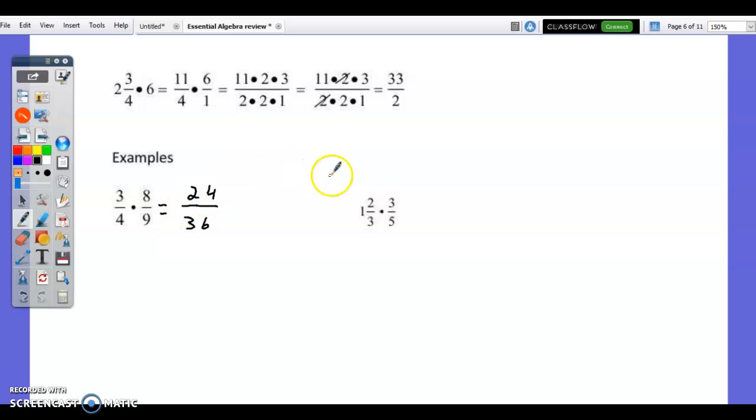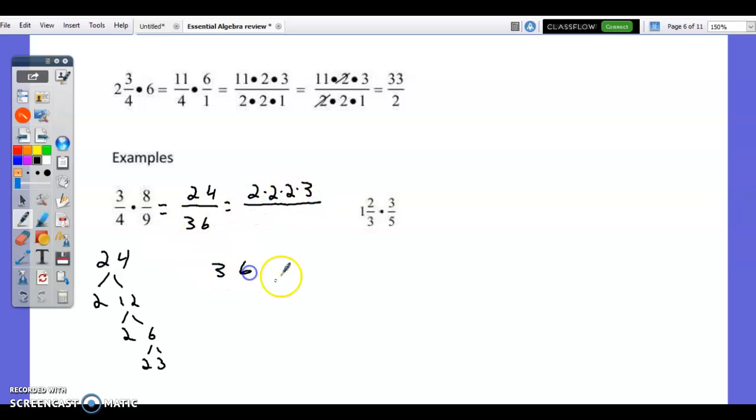So the way we can reduce fractions, again, you can use the calculator, but if I did it the long way, I would do 24 and break that down, 2 and 12, 2 and 6, and 2 and 3. If you notice here, 8 and 3, I could have started with 8 and 3 and then broke down the 3 2's for 8. But I'm just doing it this way to show you. So 2, 2, 2, and 3. And then we break down 36. I'm going to do it that way.